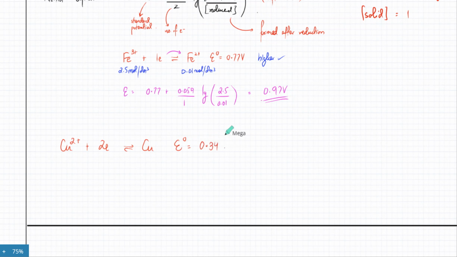I want to figure out what would happen if I decrease copper 2+ ions. Let's say the concentration of copper 2+ ions is 0.01 mole per dm cube. So if its concentration decreases, copper 2+ ions are obviously aqueous, and the copper over here is in solid state.